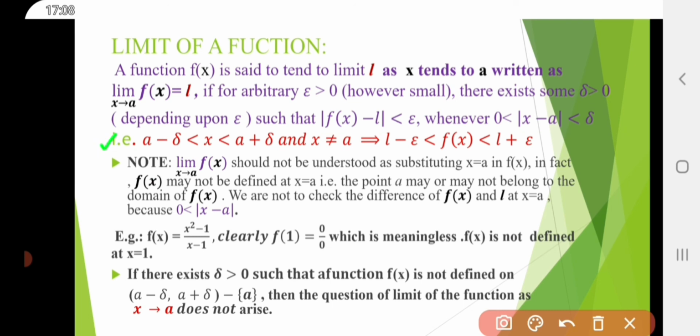That is, if x belongs to the open interval a minus delta, a plus delta, where x is not equal to a, that means a minus delta less than x less than a plus delta and x is not equal to a, then L minus epsilon less than f of x less than L plus epsilon.